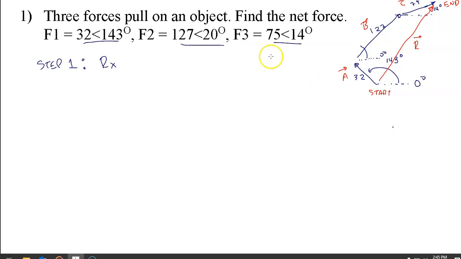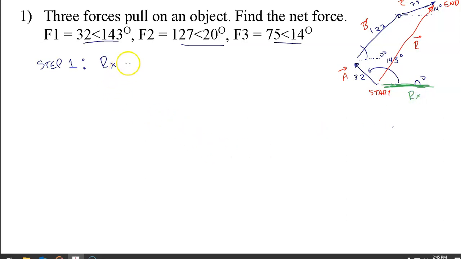The first step would be to get the x component of R. I'm just going to draw a little green line underneath. See how R, that red line, takes me to the right and up? For step 1, you want to know how far to the right it takes you. So I'm really looking for this right here. That would be R sub x.